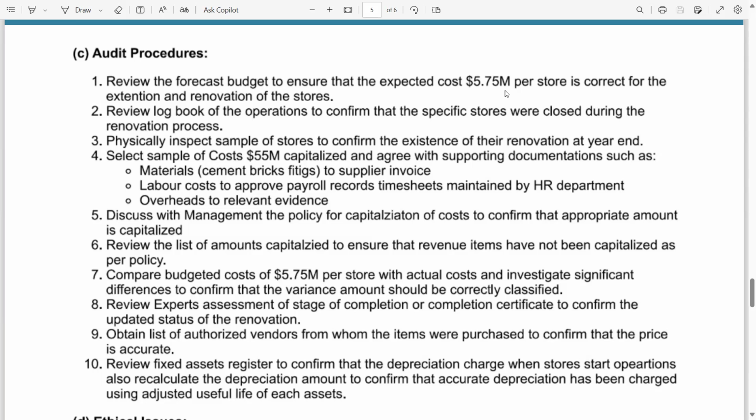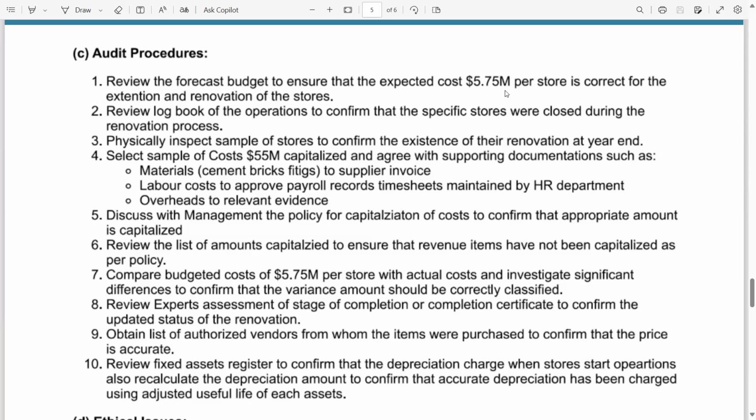Select a sample of cost of 55 million capitalized and agree with supporting documentation such as materials, cement, brick, fittings to supplier invoice, labor cost to approved payroll record, timesheet maintained by HR department, overheads to relevant evidence if any.